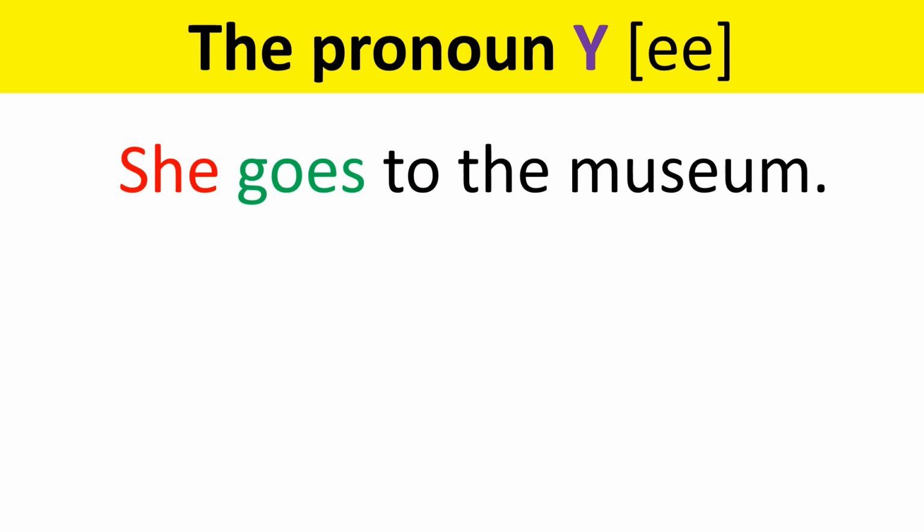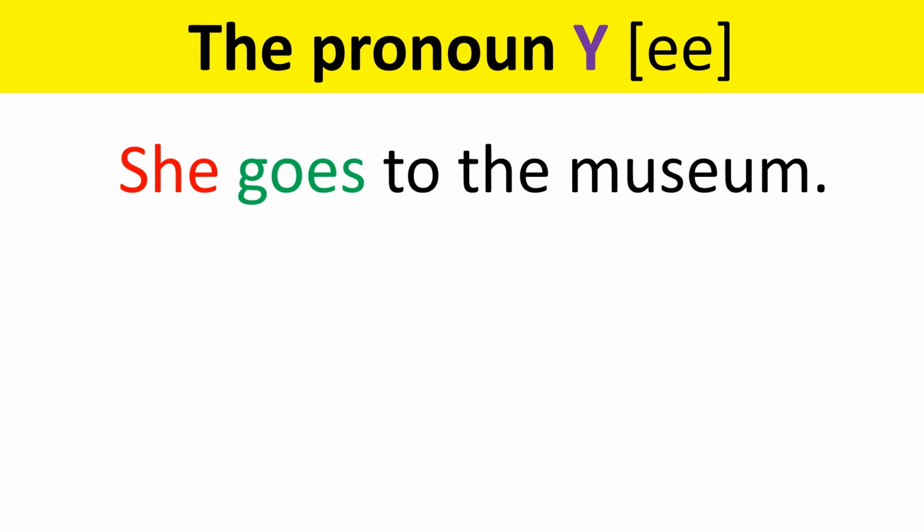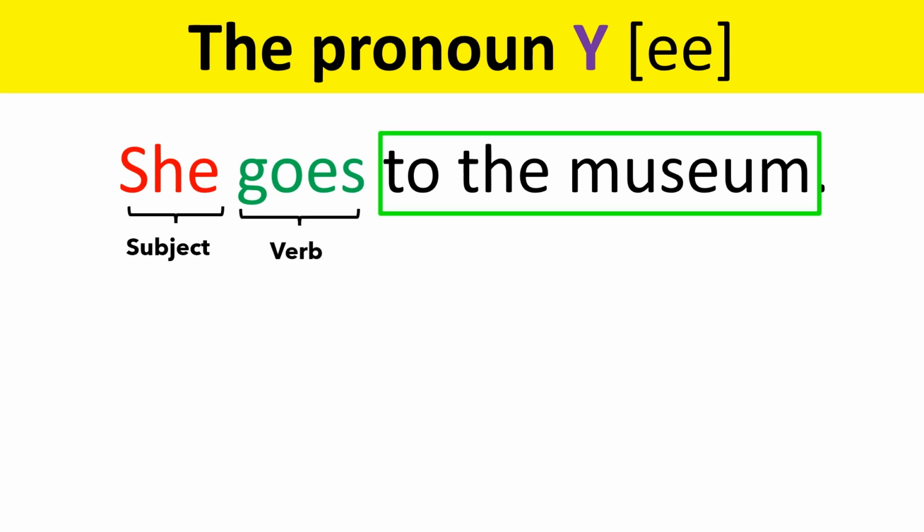So let's have a look at the pronoun Y, spelled Y but pronounced E. We have a sentence, she goes to the museum, and we have our subject, our verb, and then we're left with one part. And what that part does is give information about the verb. It gives information about the place that she goes to.